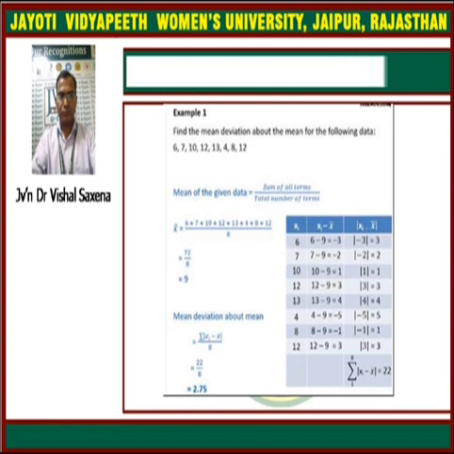So the mean deviation about the mean is given by sigma |xi minus x bar| upon n. We just put in the values: the sum is 22, divided by n, which is 8. After calculation we get 2.75. So 2.75 is the mean deviation.